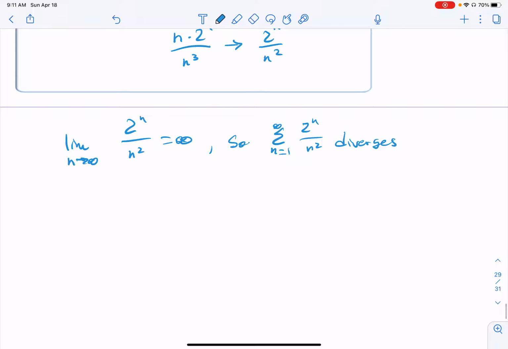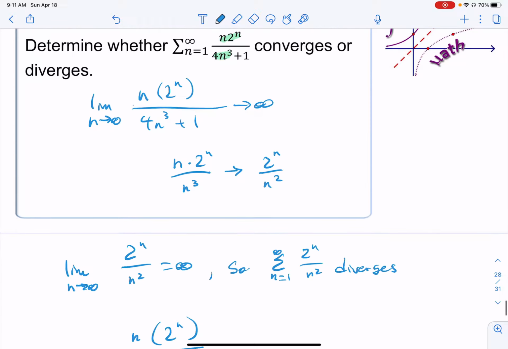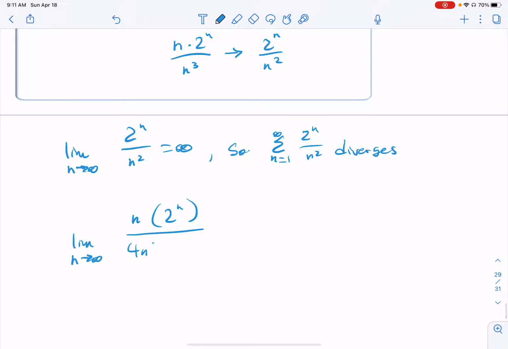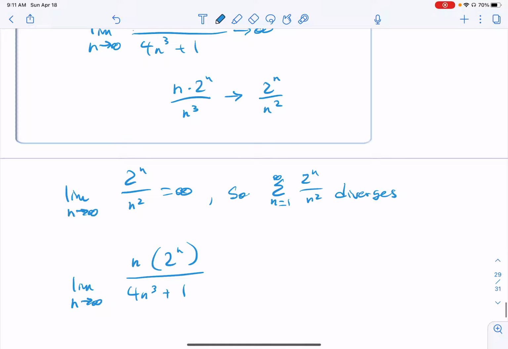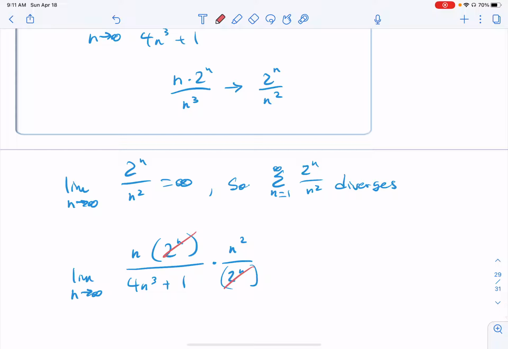Ultimately a constant multiple. So the limit of ours as n goes to infinity, ours was n times 2 to the n over, oh God, I don't even remember, 4n cubed plus 1. And I'm going to multiply by the reciprocal of the one that we're comparing it to. So n squared up top and 2 to the n on the bottom. Cancellation, cancel, cancel.